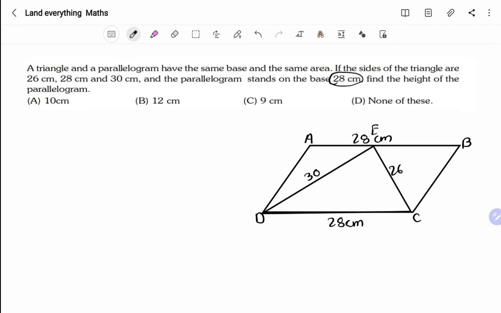So first we will find the area of triangle DEC.